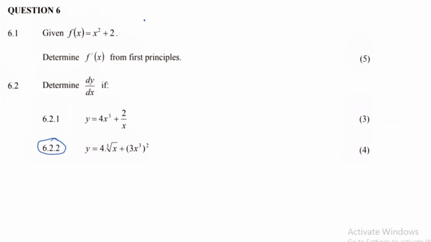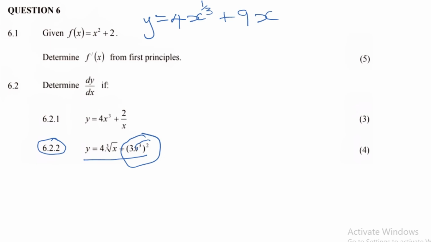6.2.2, we have to rewrite this in a way that will allow us to differentiate. So we are having y is equal to 4, and we're going to change the cube root of x there, so we will have x to the power of 1 over 3, plus, here we have to remove the bracket, so we will have 3 squared to give us 9, and then we have got x. We multiply the exponents, which is 3 multiplied by 2, to give us 6. So now we can differentiate y with respect to x.